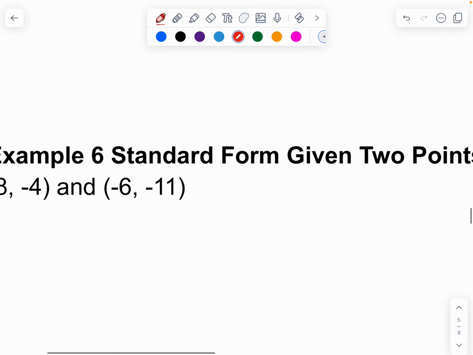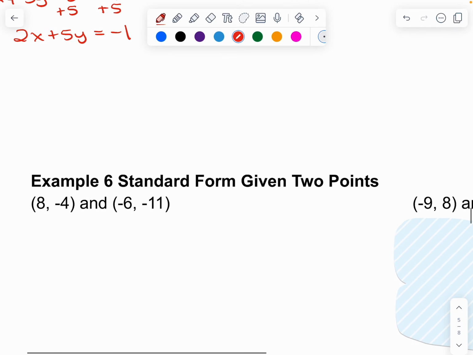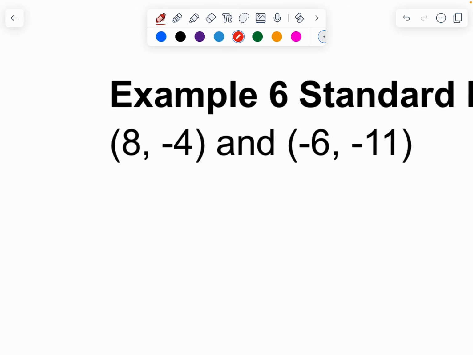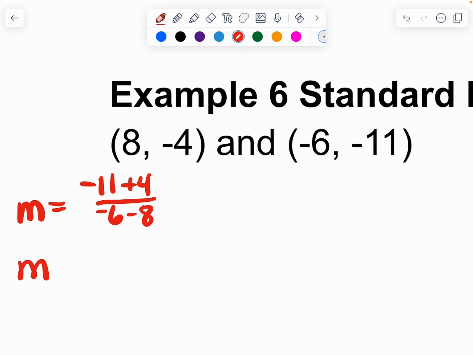Okay, so next one, we need to put this in point slope and then put it into standard form. So first things first, I need the slope. So negative 11 minus a negative 4 over negative 6 minus 8. When I do this, I get negative 7 over negative 14, which means m is equal to 1/2.